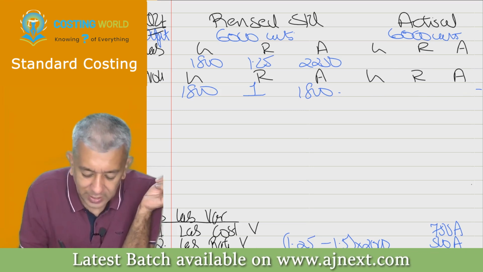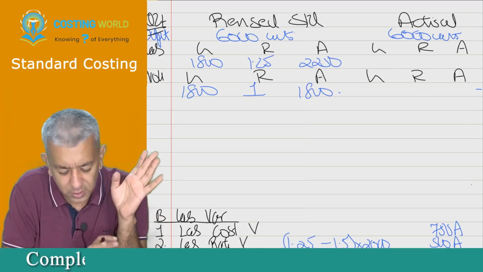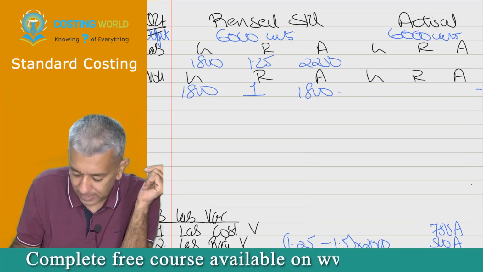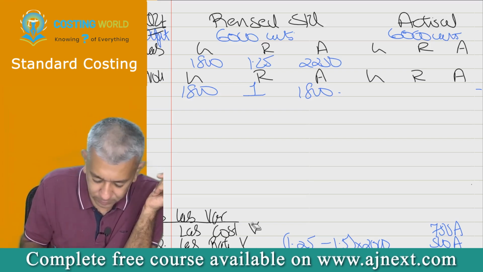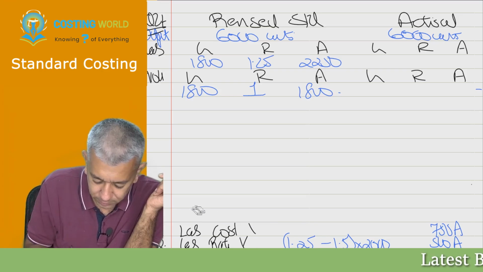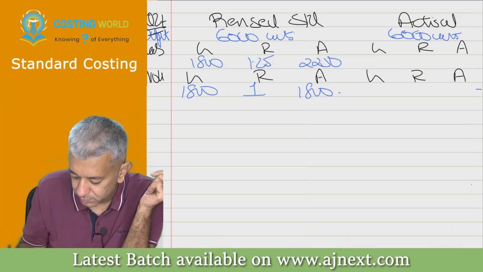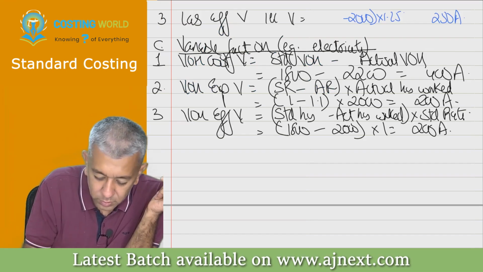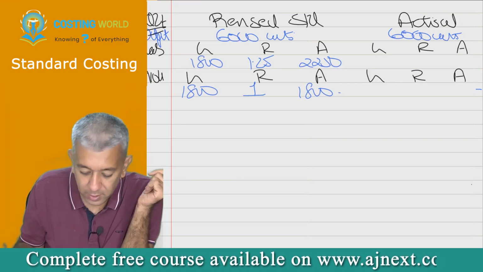Revised standard in any case will remain the same because the standard will remain the same. Actual we will try to see. You all copy down this, then we will start.